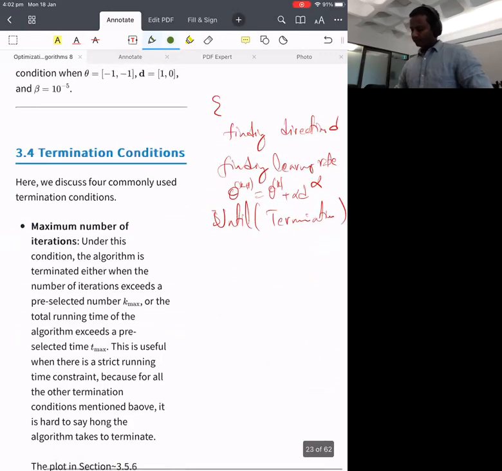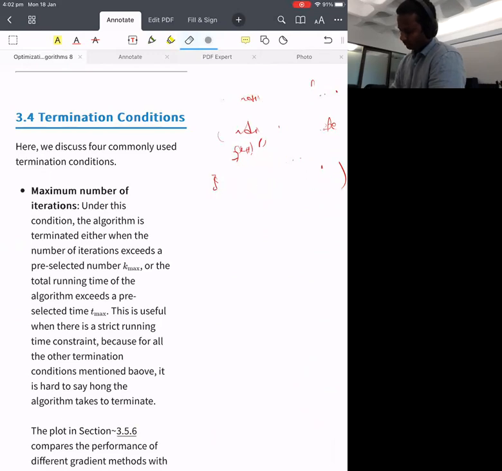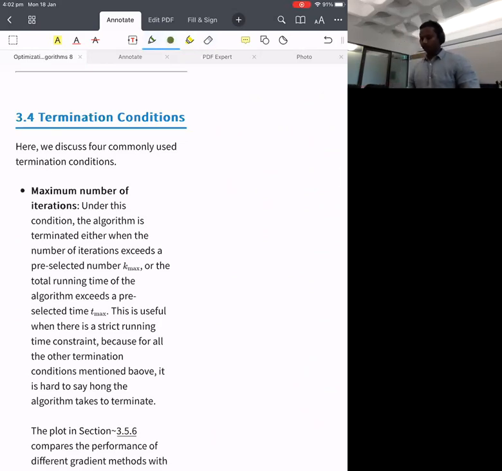When do we stop the algorithm? That's important. As you can guess, most of the times when you're implementing any algorithm, we fix the number of iterations beforehand.